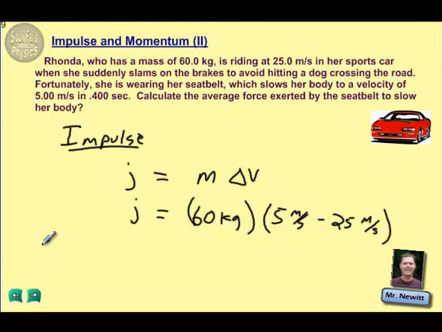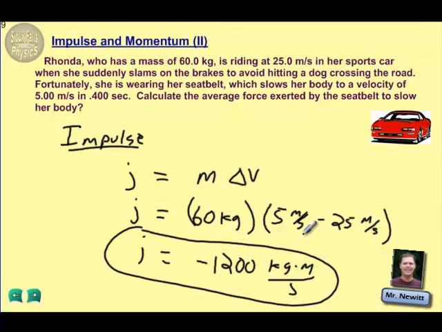She's slowing down, so we would expect to see a negative impulse here, and we get negative 1,200. Again, the units are kilogram meters per second. That shows the impulse acting on her body.